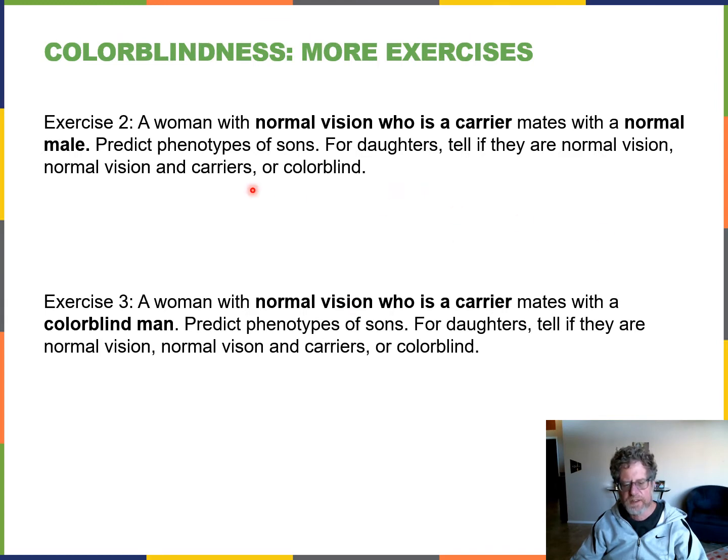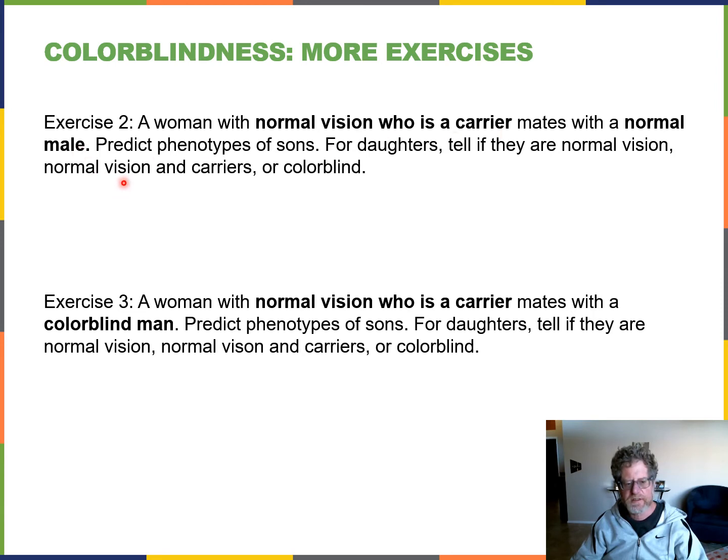You can try these on your own. Okay, a woman with normal vision who's a carrier. So now her genetics is X to the big N, X to the little n, mates with a normal male.